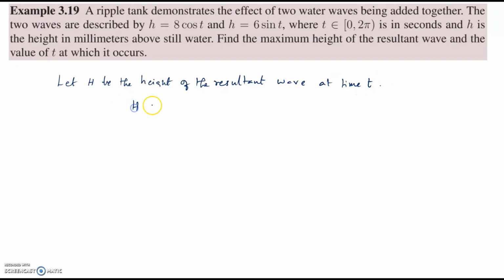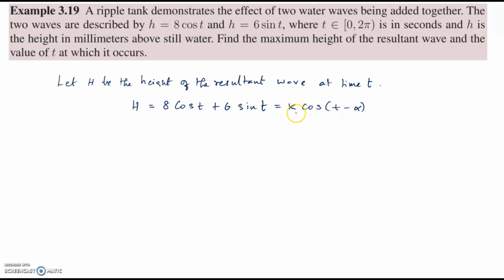Then h is equal to the sum of these two, which is 8 cos t plus 6 sin t. Now, if we can express this in terms of k cos(t minus alpha), then we know that cos(t minus alpha) will take the maximum value of 1 when t is equal to alpha, which will be cos 0 degrees, which is 1.